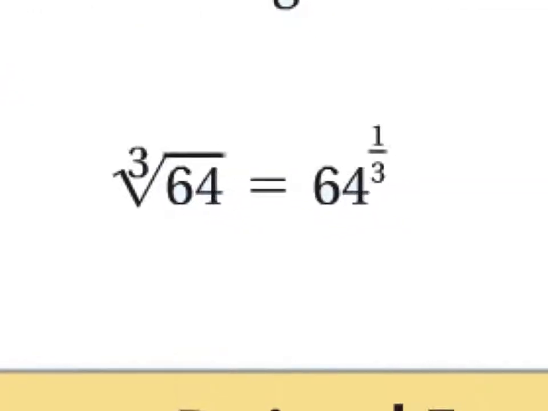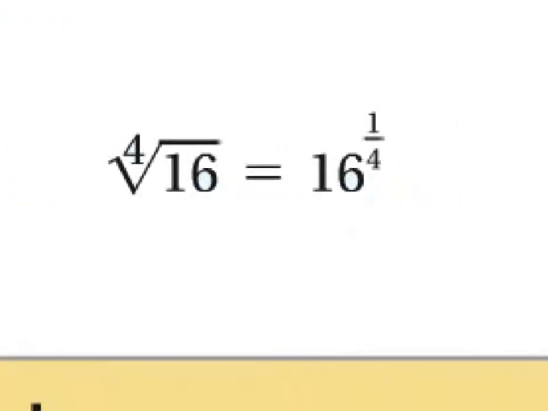If I have the cubic root of 64, again, that's going to be 64 to the 1/3 power. The index is the denominator of the fraction. Fourth root of 16, again, it's 16 to the 1/4 power. The index is the denominator of the fraction.